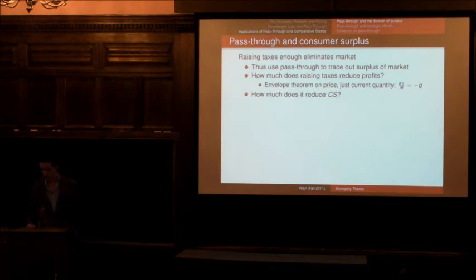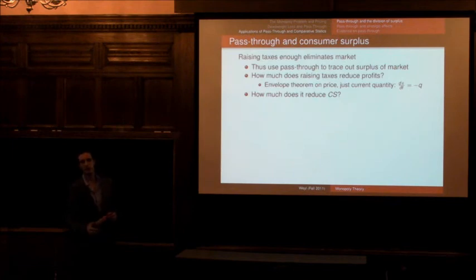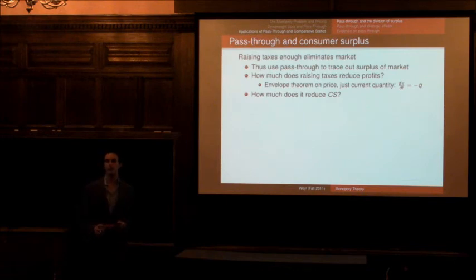How much does consumer surplus fall when the tax is imposed? Well, that's what gives you the part of the triangle argument, and that's how much social surplus falls. But what about consumers? When prices rise by $1, how much does that hurt consumers?